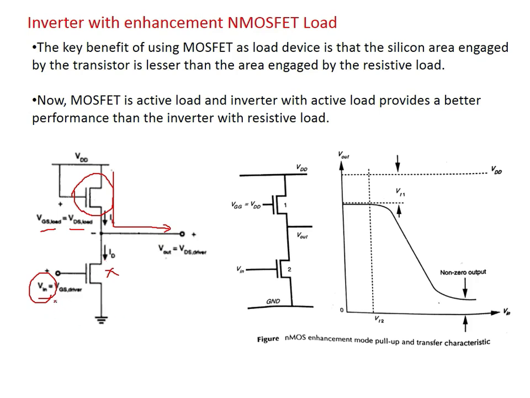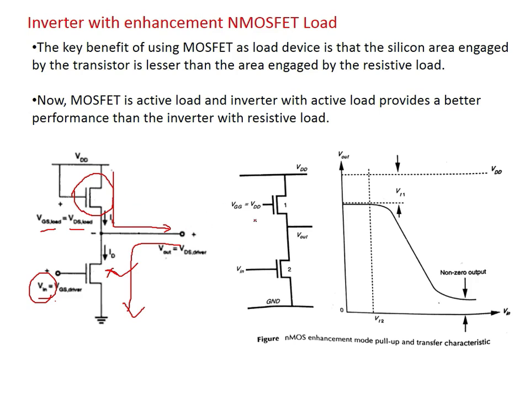Whenever Vin is high or logic 1, then the output is directly connected to ground through this transistor, because it becomes on when Vin is high. So due to that we will get low output. For low input we are getting high output, for high input we are getting low output. That is nothing but inverter operation.